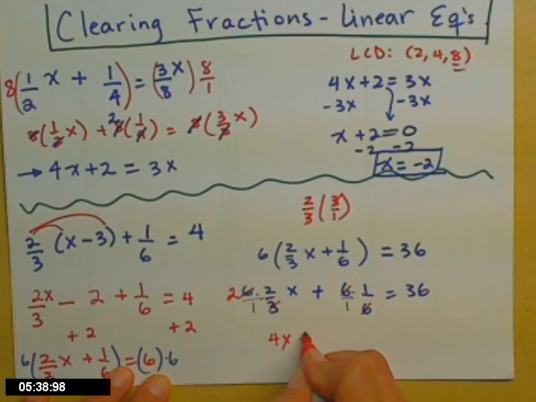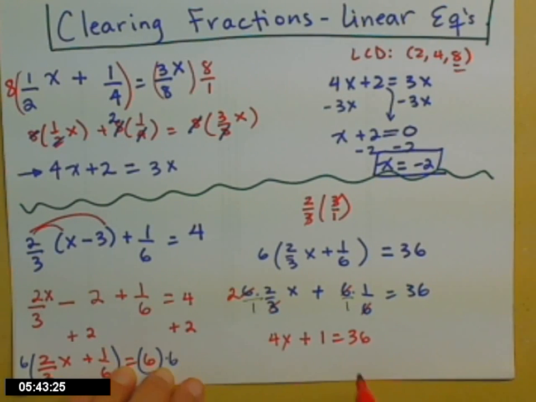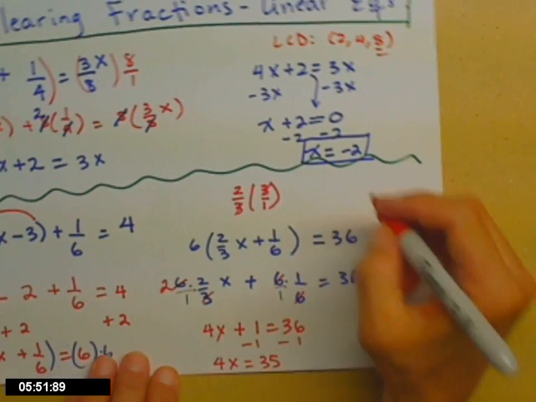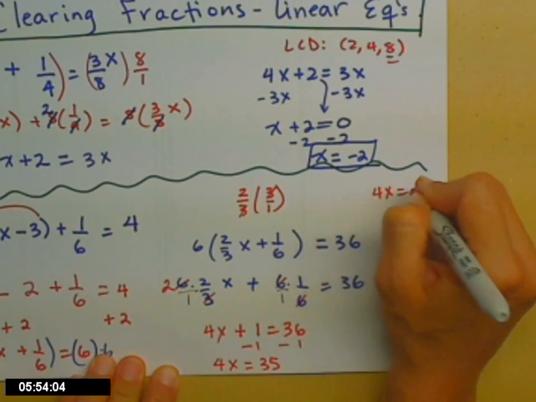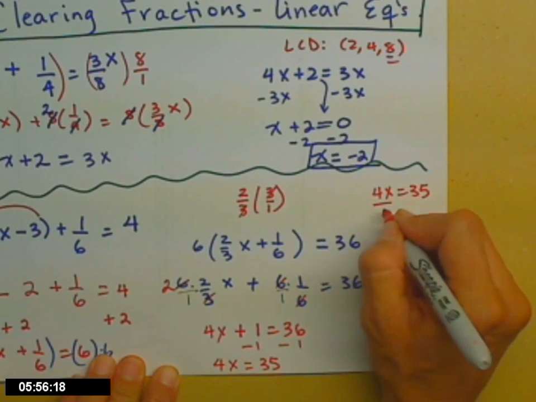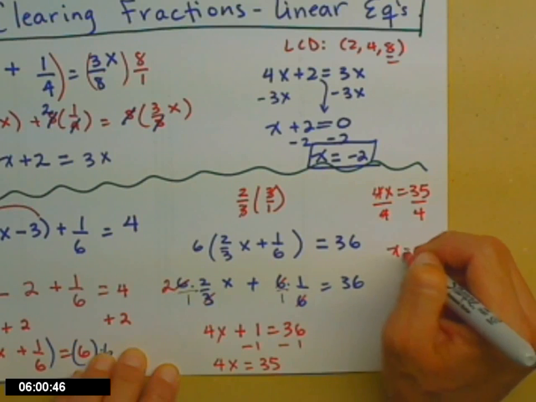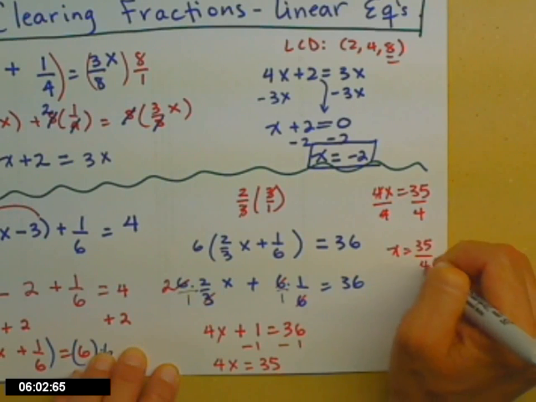I don't get left with nothing, I get left with plus 1. 36 we already did. Next step, we move the 1. 4x equals 35. So 4x equals 35. We end by dividing by 4. x equals 35 over 4.